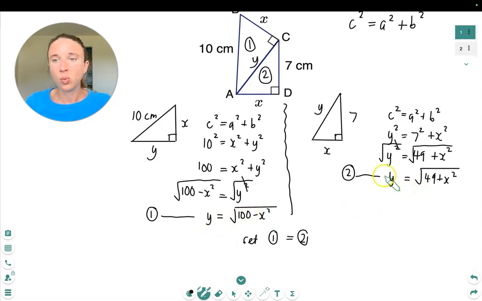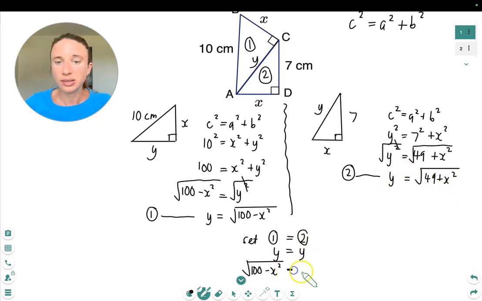Y equals this and y equals this. Therefore, y equals y, and we're going to substitute in terms of x. So y is root 100 take x squared from equation 1. Y is root 49 plus x squared for equation 2.